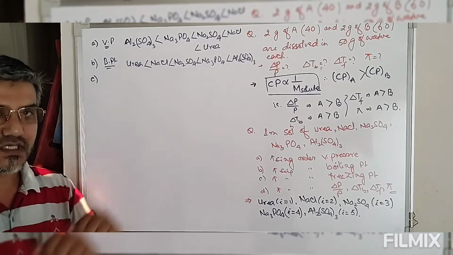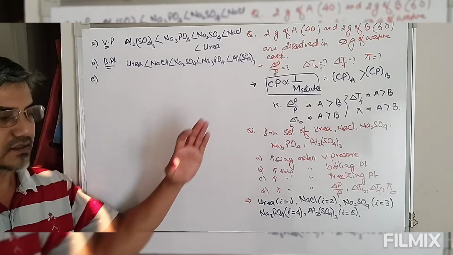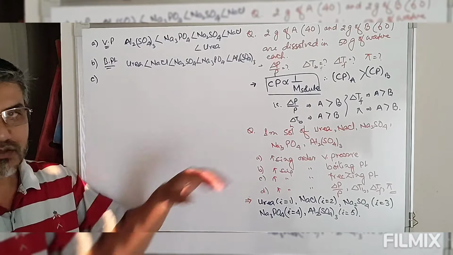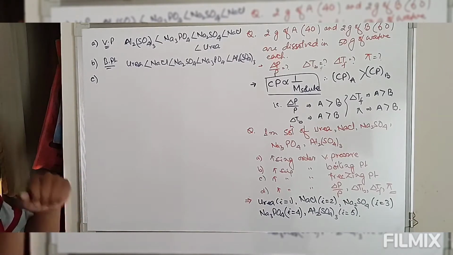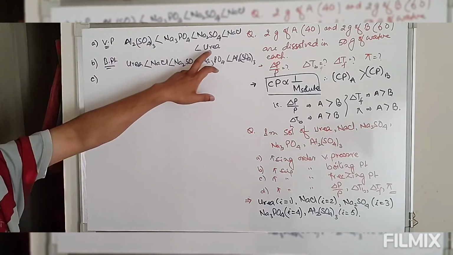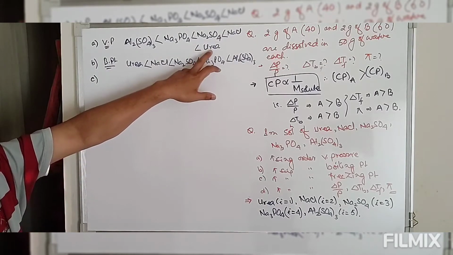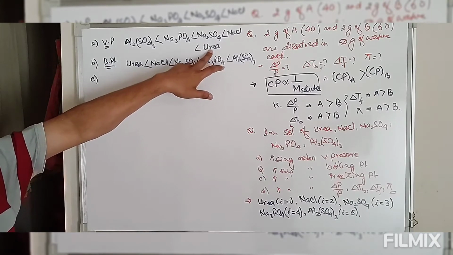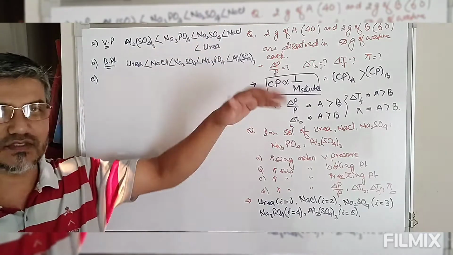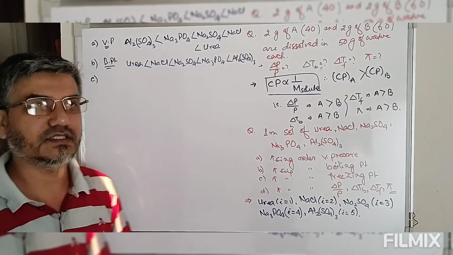As the vapor pressure is decreased, the freezing point of the solution will also decrease. So the one having the maximum freezing point is the one having the maximum vapor pressure. So as the vapor pressure decreases, freezing point also decreases.